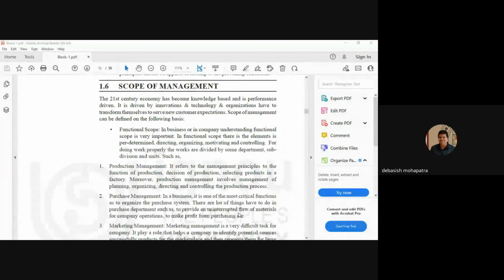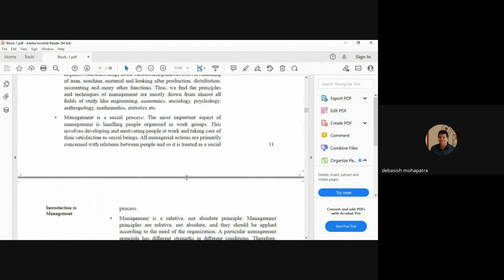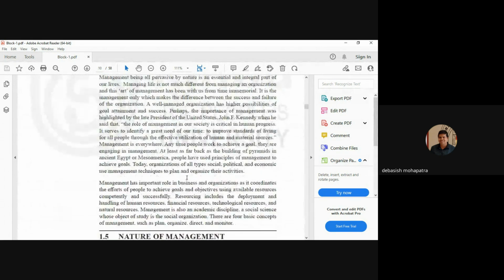So today's topic is environmental management. Is the PDF visible to you?